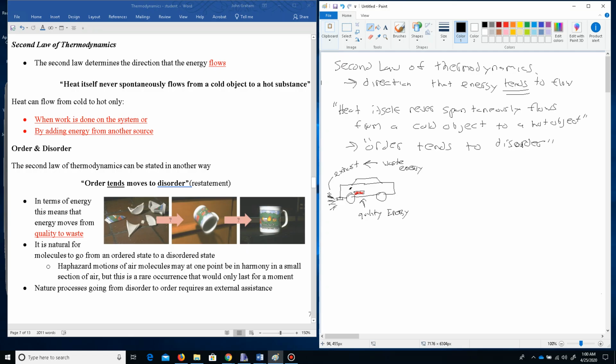And so there is definitely wasted energy, wasted fuel when we're driving a car. But when you put in the gas, you're putting in quality energy. All right, so this is also an example of heat energy going from, well, I won't get into that just yet, but this is the difference between wasted and quality energy.